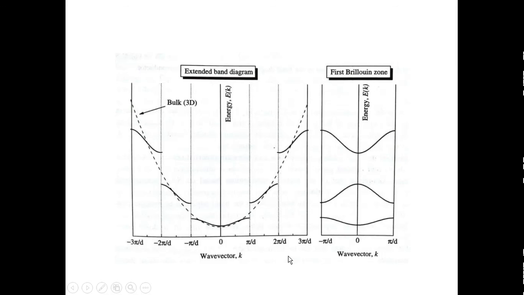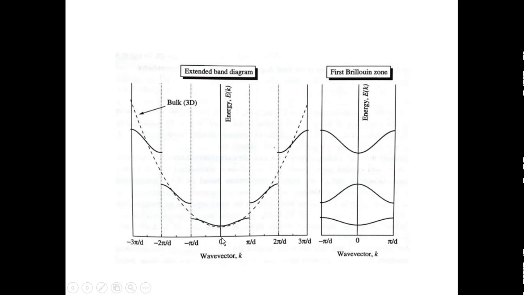So now we have seen this. The parabolic potentials are now folded between the regions we have seen here, and these zones where the energy bands are folded are called Brillouin zones. From k equal to 0 to k equal to pi by d is the first Brillouin zone.